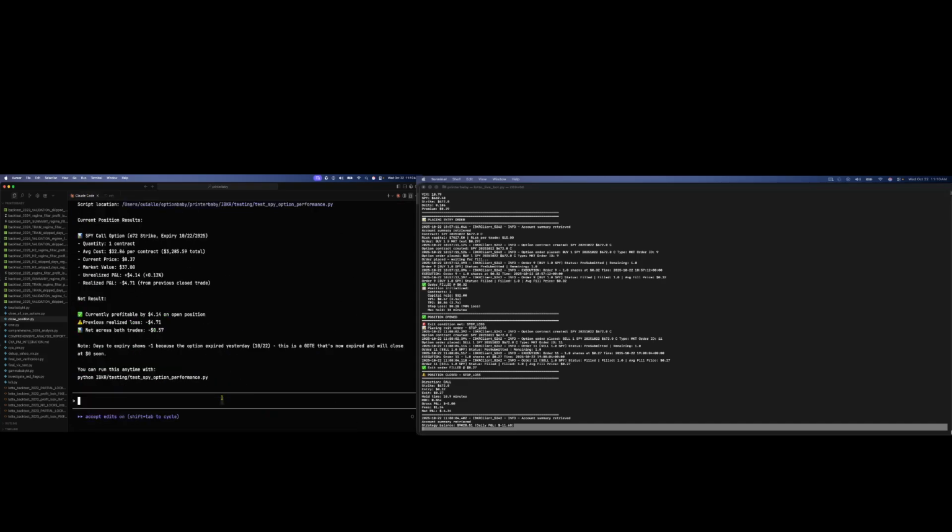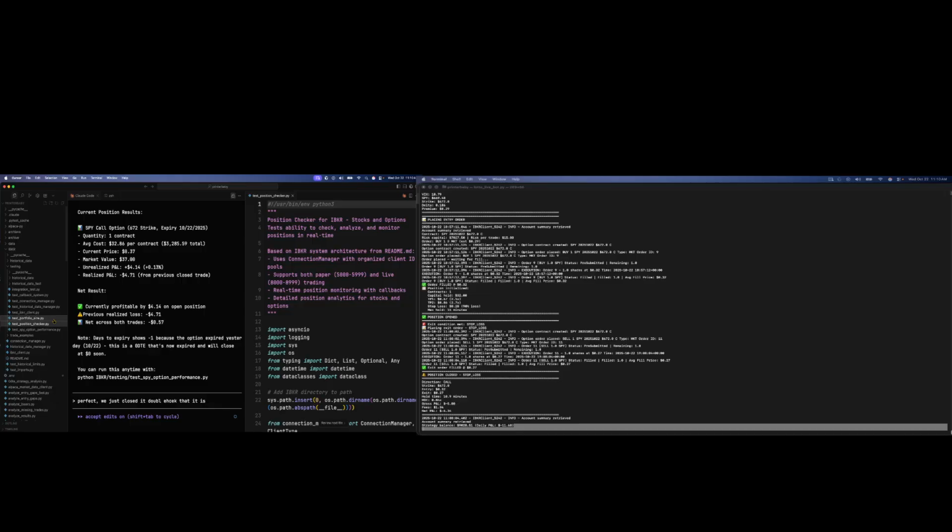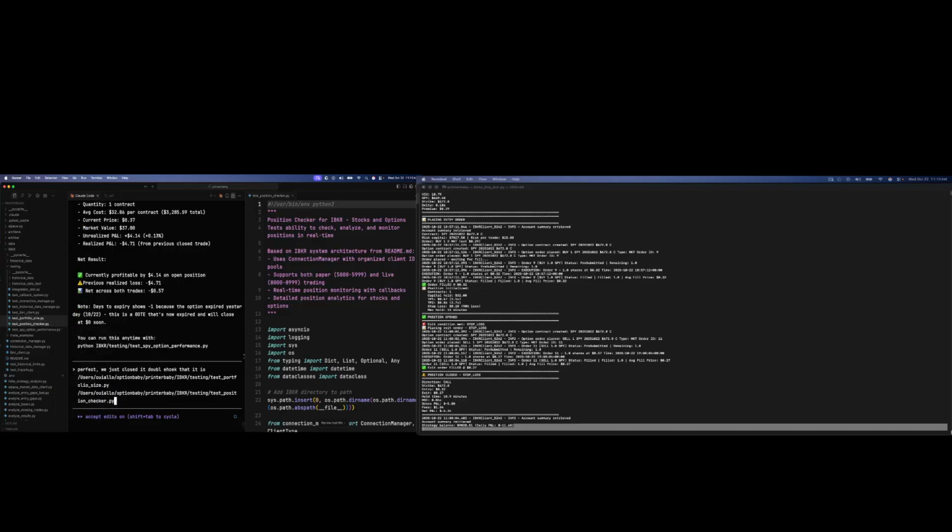Perfect. We just closed it. Double check that it is. And I'm going to go back to what we're doing for QQQ. I just want to finish this real quick. Double check that it is.